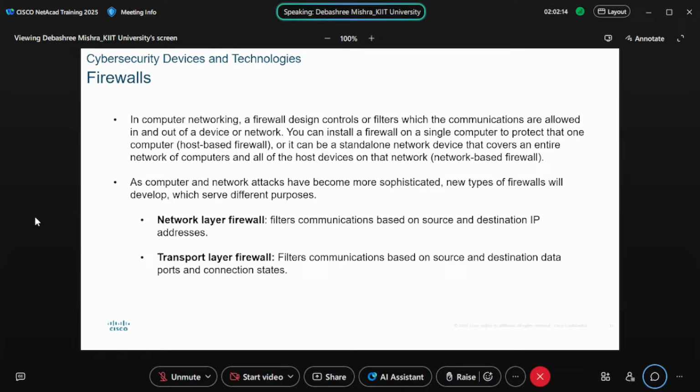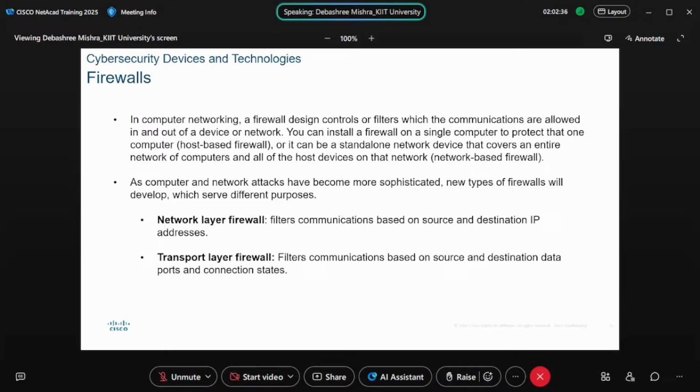In the firewall, there are two types: the network layer firewall, and another one, your transport layer firewall. The network layer firewall is based on your source and destination IP addresses.